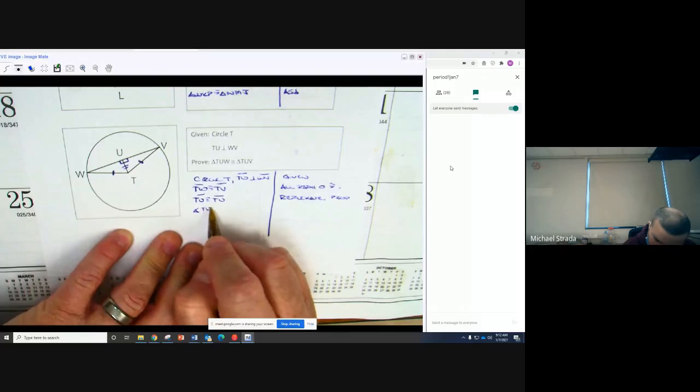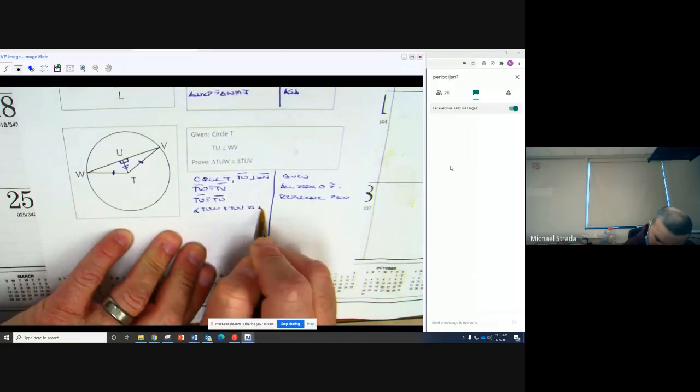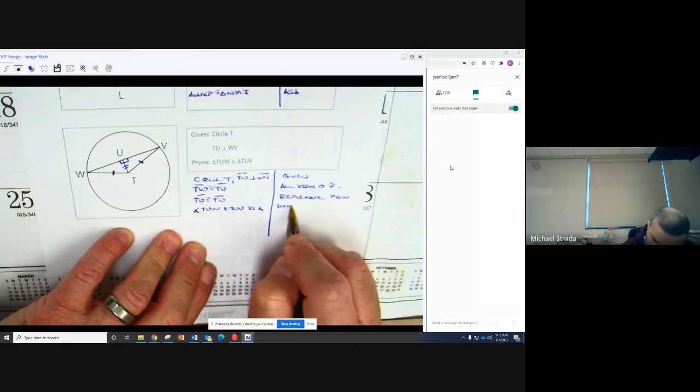Angles TUW and TUV are right angles. Definition of perpendicular lines.